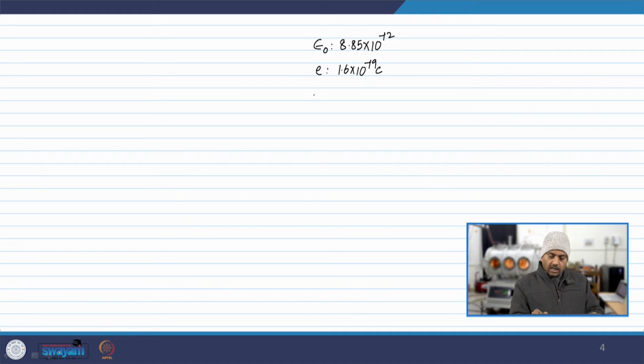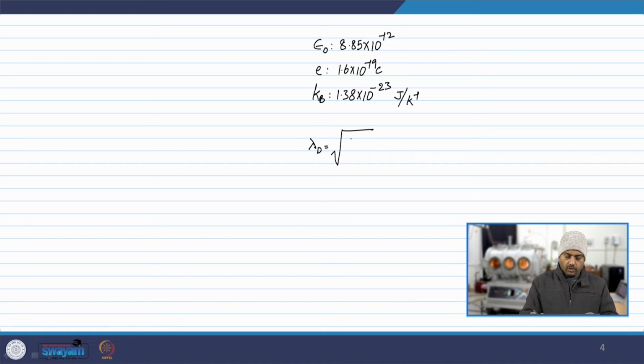And kB, the Boltzmann constant, is 1.38 times 10 to the power of minus 23 joule per Kelvin. So, by substituting all of these in this expression, lambda D is the square root of epsilon naught kBT by N e square.